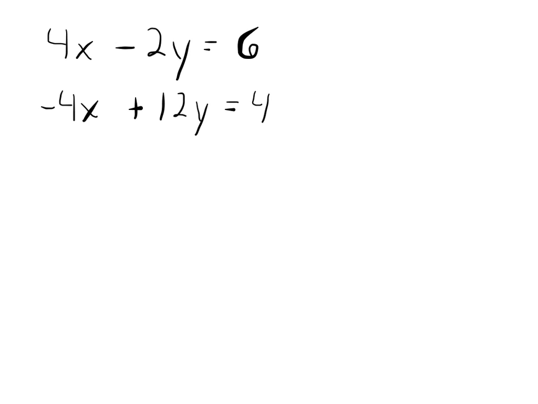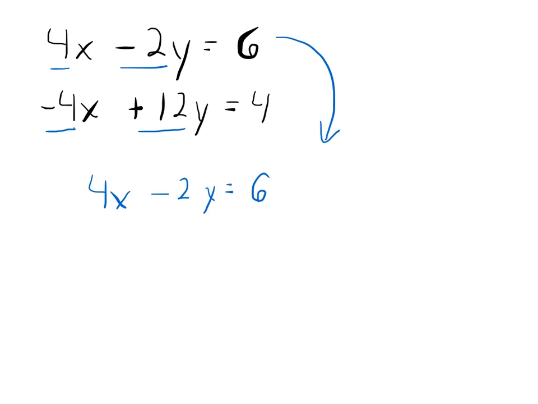But as I look at my four coefficients, I have a 4, a negative 2, a negative 4, and a positive 12. None of these coefficients are a positive 1. So it gets kind of challenging to solve for one of the variables. For instance, in this first equation, 4x minus 2y is equal to 6, I'm just rewriting it. Again, you guys are not writing this down.